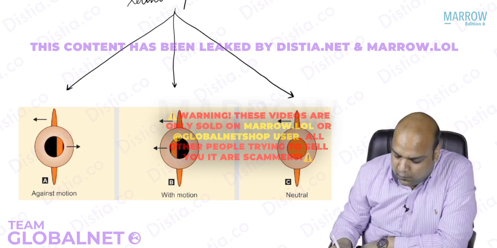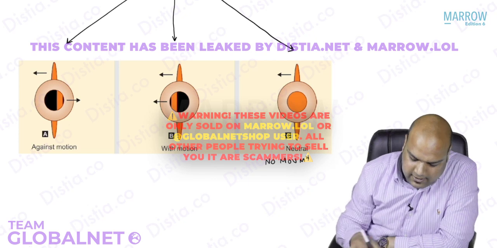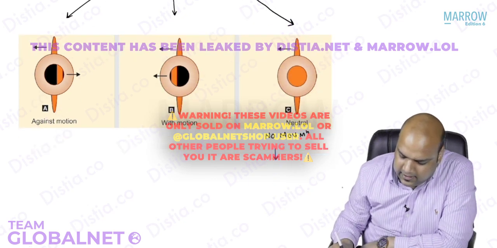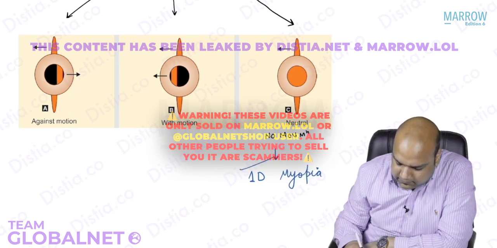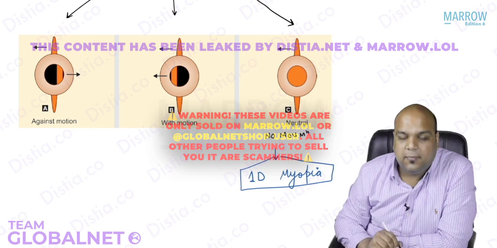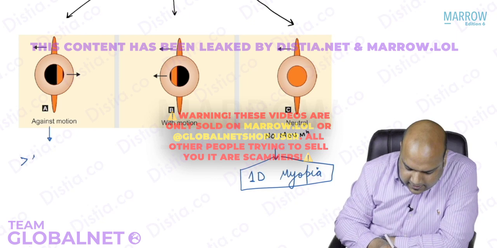Neutral means no movement. Can I say neutral means no movement? If there is no movement, everybody, then we say the diagnosis is 1 diopter of myopia. If there is against movement, then we say greater than 1 diopter myopia.